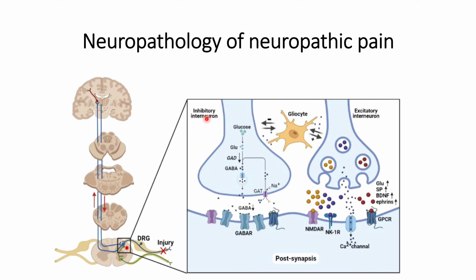In this inhibitory interneuron, GABA is formed through this process: glucose is converted into glutamate, and then with the help of GAD it is converted into GABA.